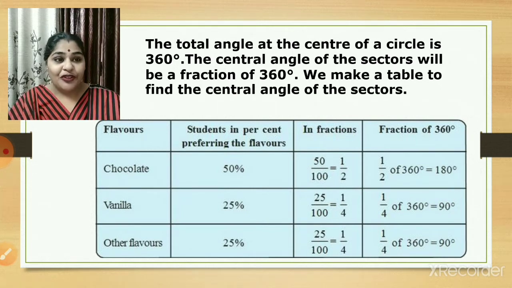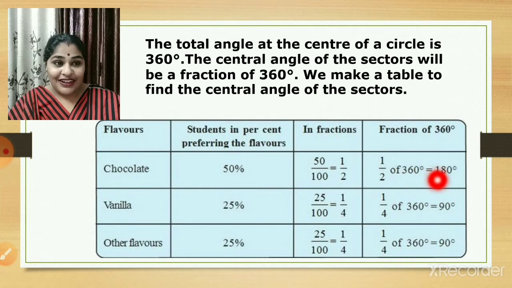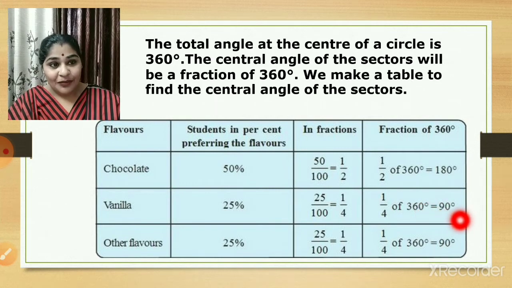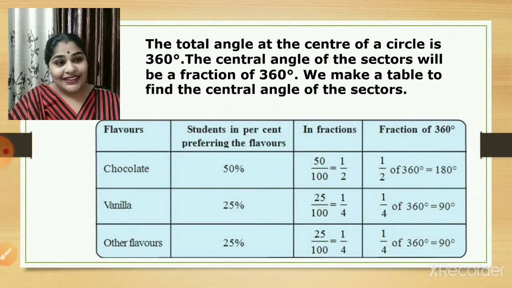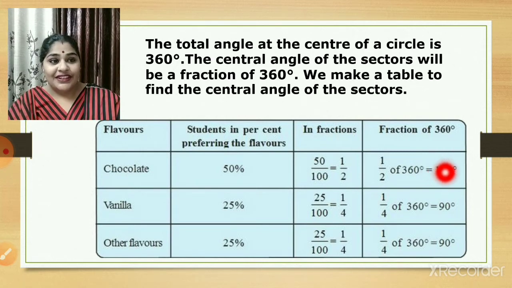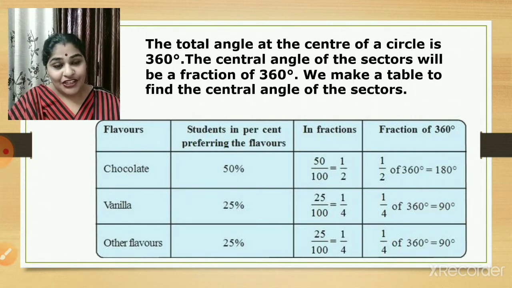So you will get the central angle of the first sector as 180 degrees. 1/4 of 360 degrees is nothing but 90 degrees. And 1/4 of 360 degrees again is equal to 90 degrees. Now here you have the central angle of each sector, that is, you have total 3 sectors.